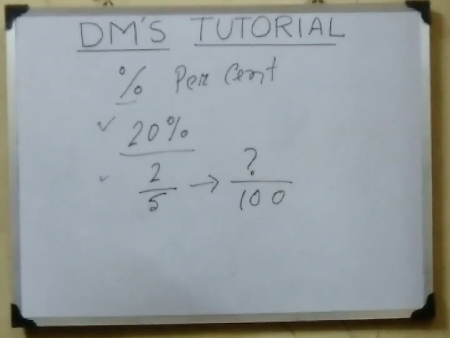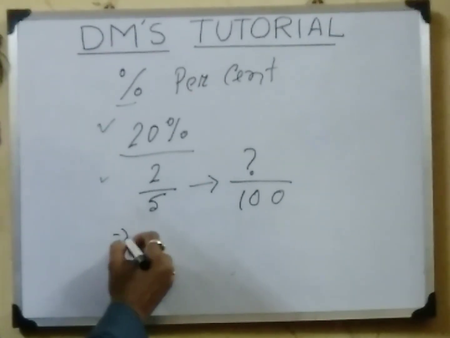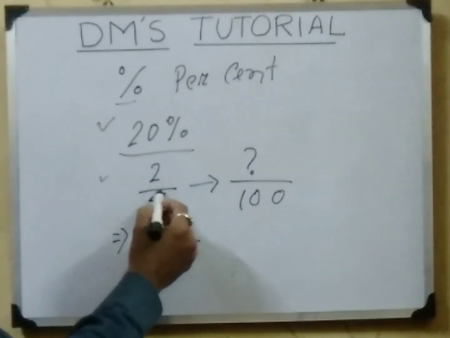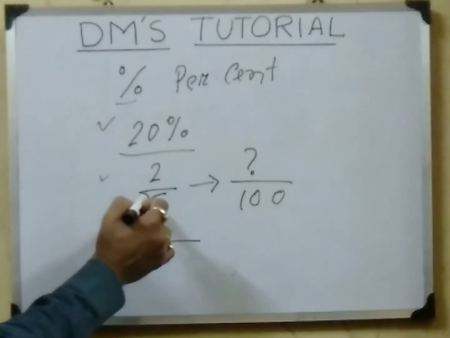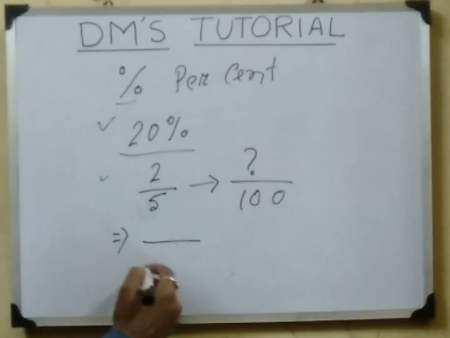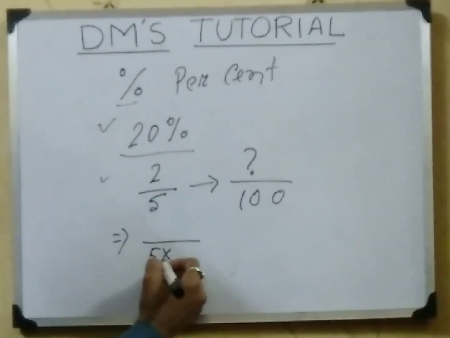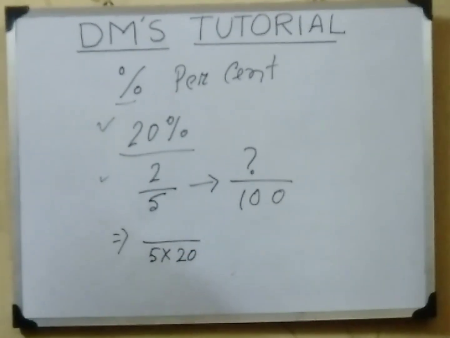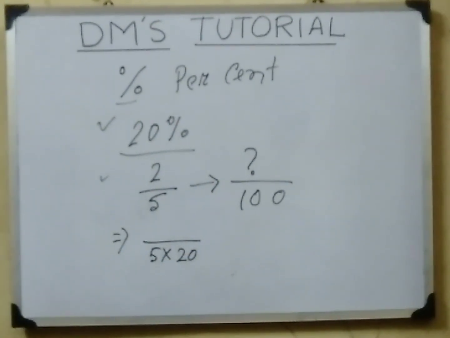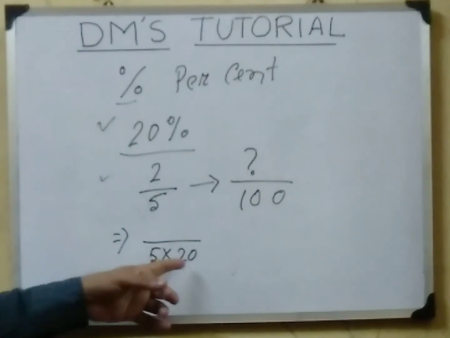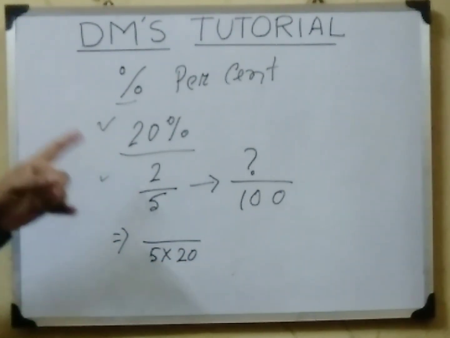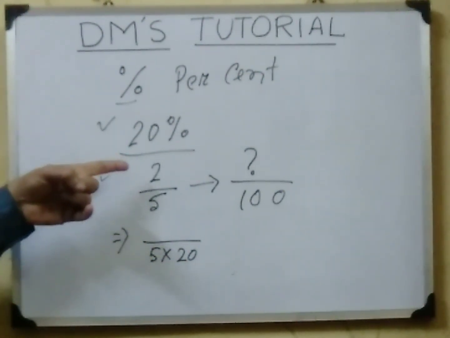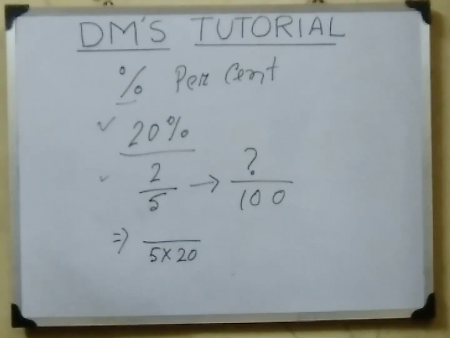So what should I do here? I will convert 5 into 100. So 5 will be multiplied by 20. As soon as 5 is multiplied by 20, I have to multiply the numerator, that is 2, by 20.